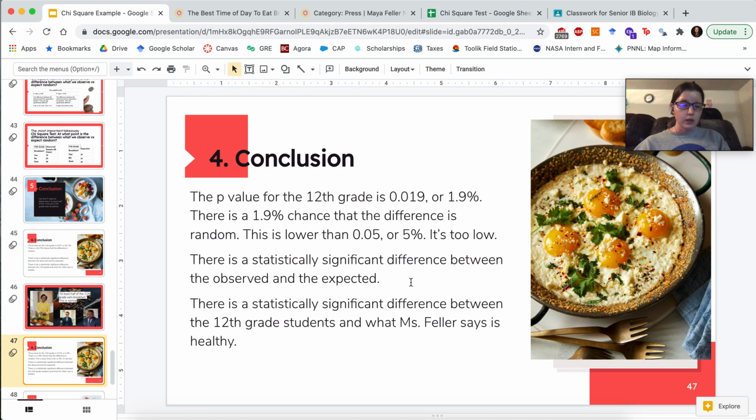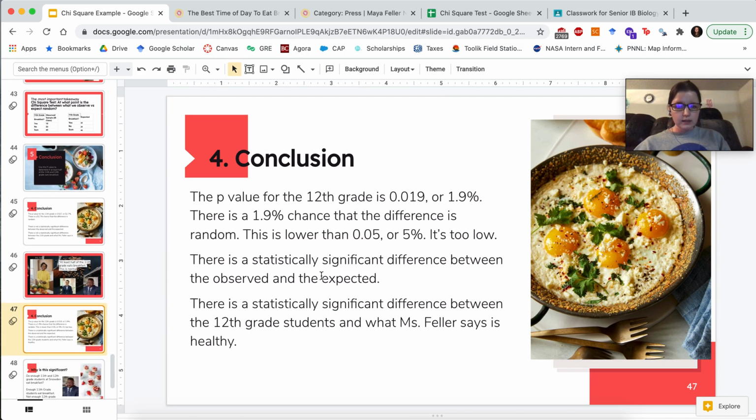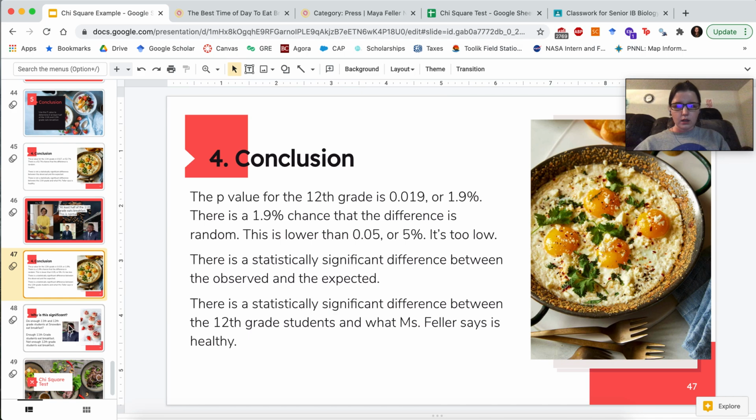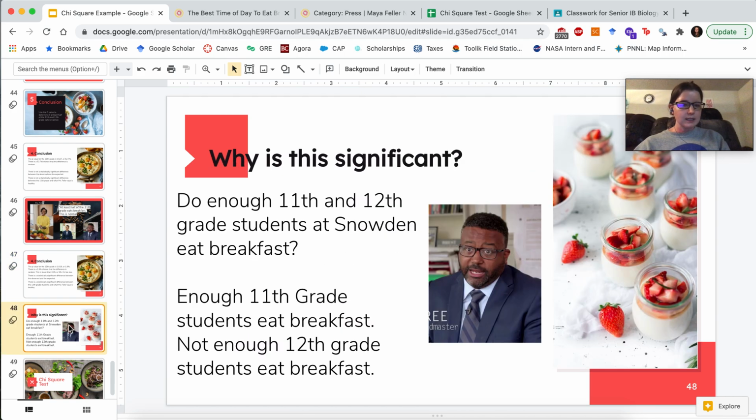That is too low. It is lower than our cutoff of 0.05. So there is a statistically significant difference between the observed and the expected, or there is a statistically significant difference between the 12th grade students and what Ms. Feller says is healthy. And now our last part, and the most important part, is why is this significant?